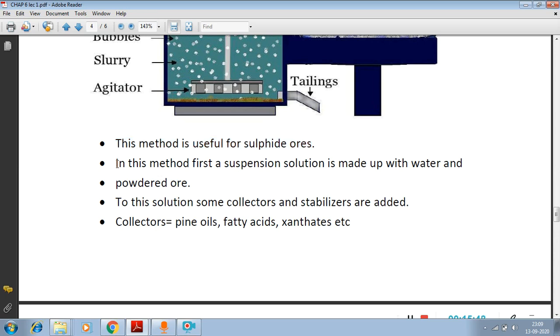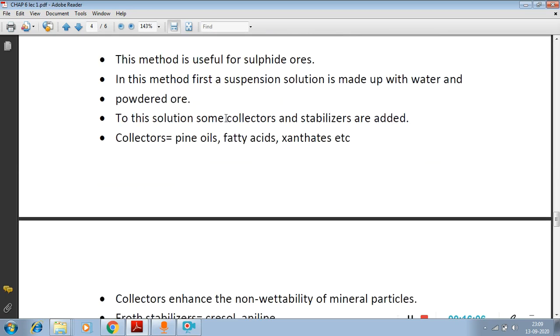In this method, what are we doing here? First, a suspension solution is made up of water and powdered ore. Then add some collectors and stabilizers into it.